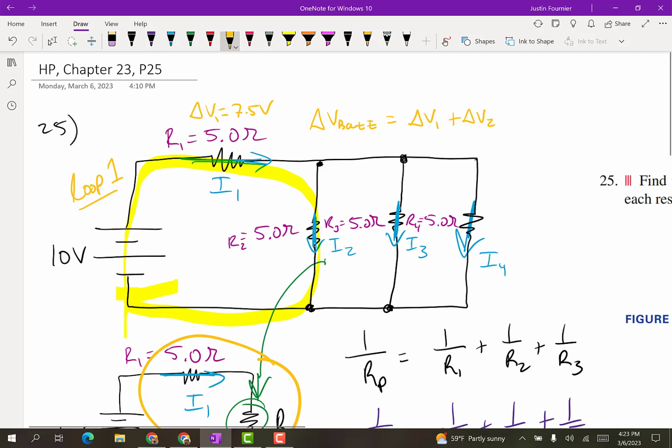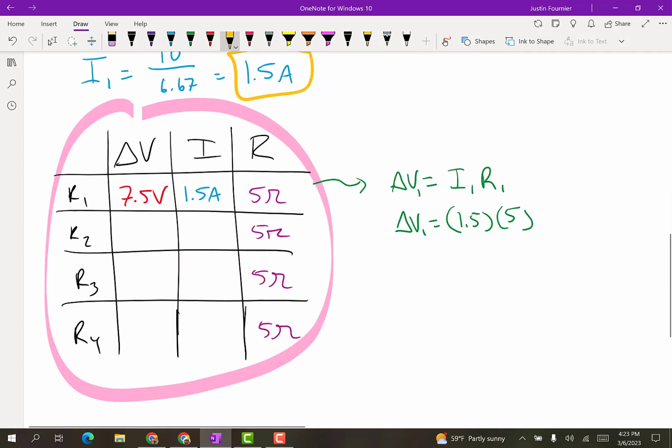So if the battery provides 10, I can subtract 7.5, and that gives me 2.5 volts. That's the voltage drop across R2. I can write that in there, 2.5 volts.